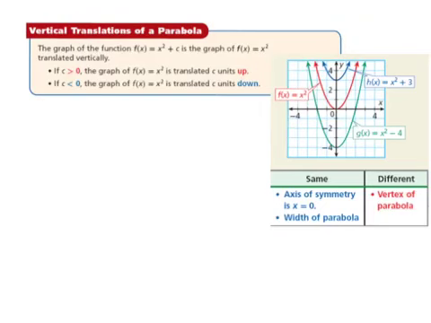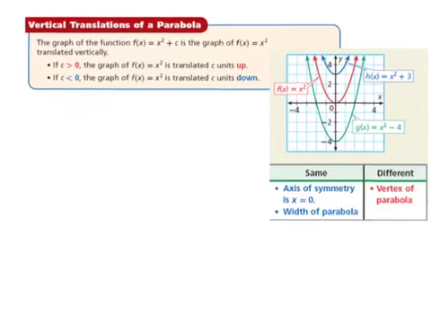So the next type of transformation that we can make on a parabola is what we would consider a vertical translation. The vertical translation is basically taking the idea that we keep our a value the same. So if we look at the equation y equals, let's just say, 1x squared plus some c value.